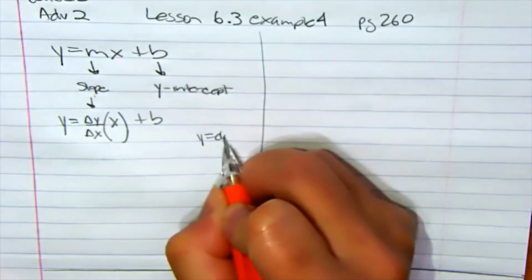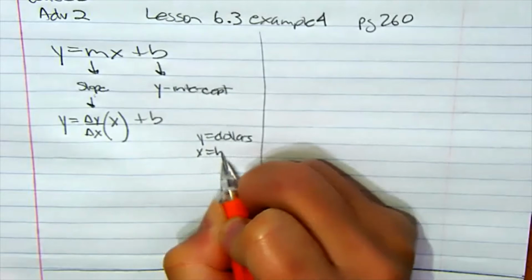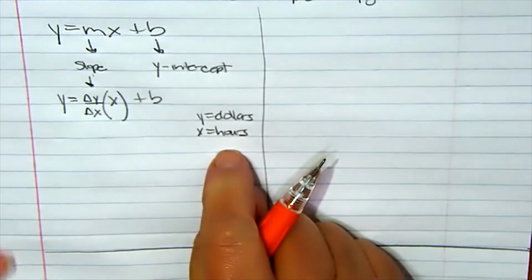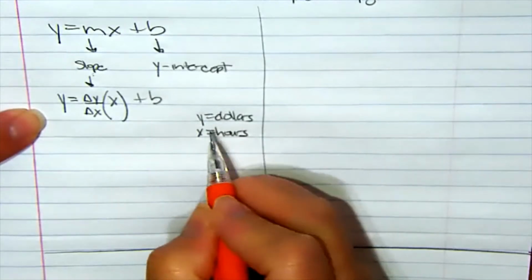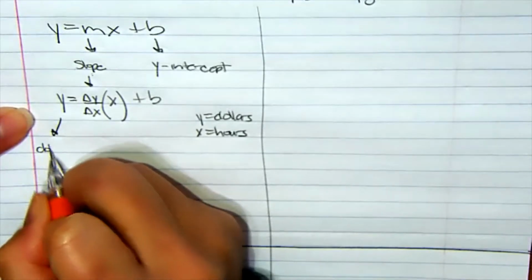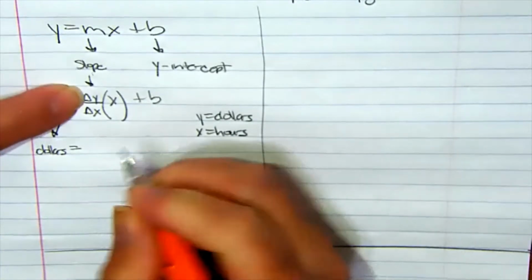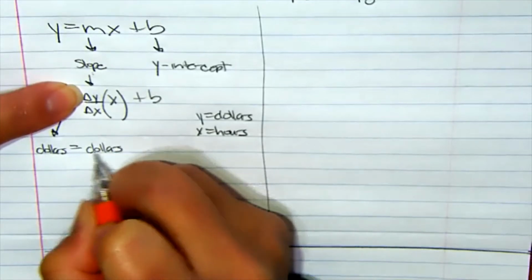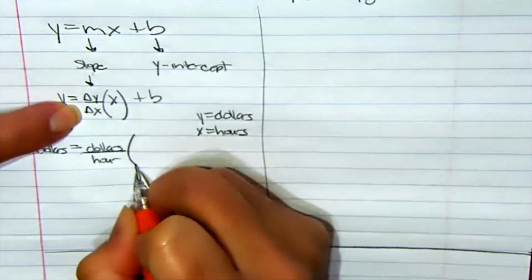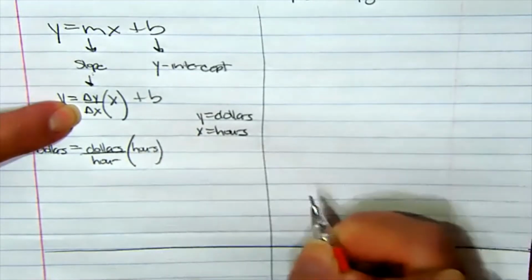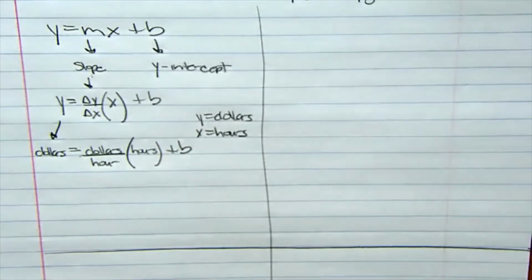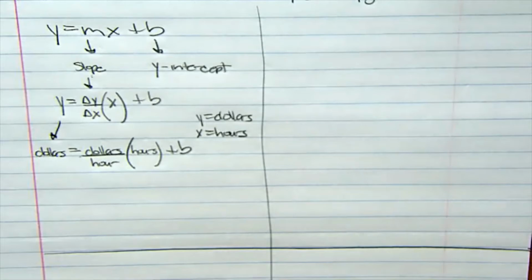The problem is telling us that. So what does this mean with regards to this equation? Well, it means the dollars earned is equal to the dollars per hour times the number of hours plus b, plus the bonus, or plus where they're starting at.